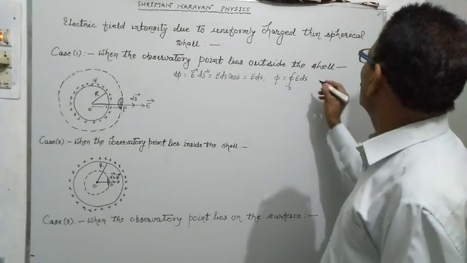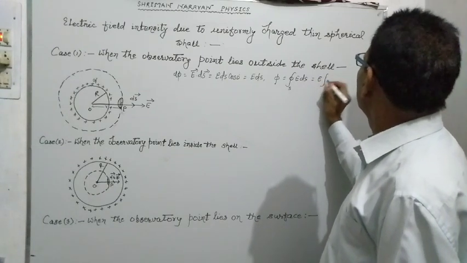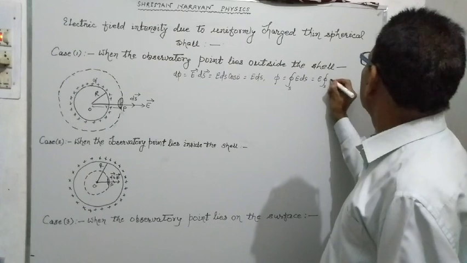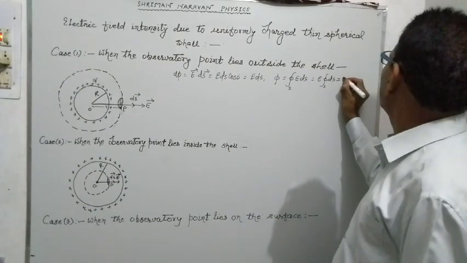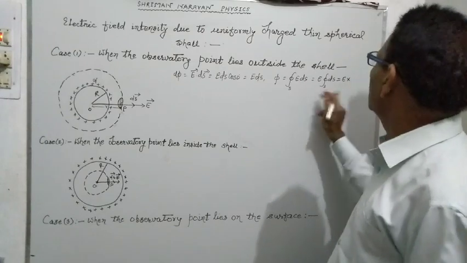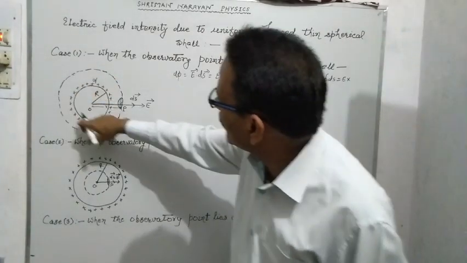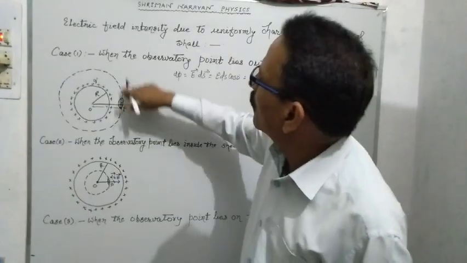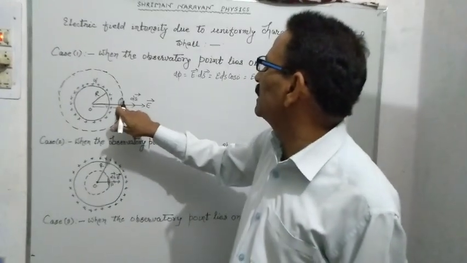So E dS becomes E into closed integral dS, which equals E into the surface area of this Gaussian hypothetical spherical surface, since it has radius equal to r.